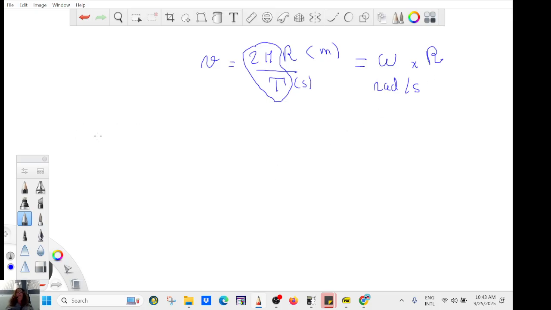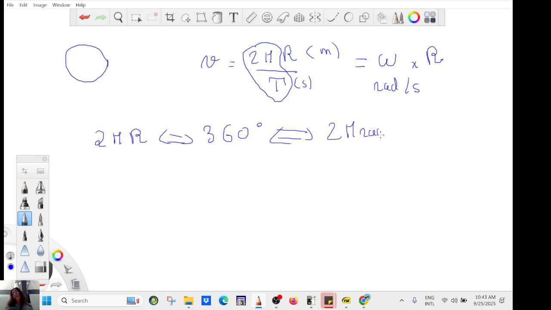And then remember that if you have a distance around of 2 pi r, the distance around one circle is also 360 degrees, which is also 2 pi radians, and which is also 1 revolution. So you can use proportions to change the unit.